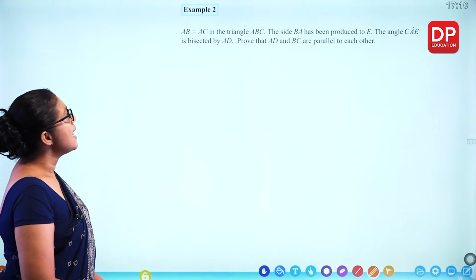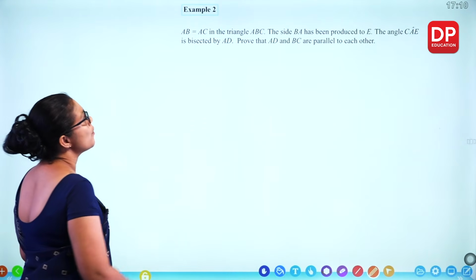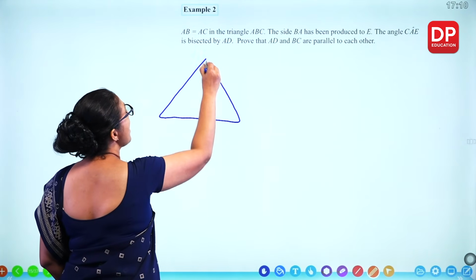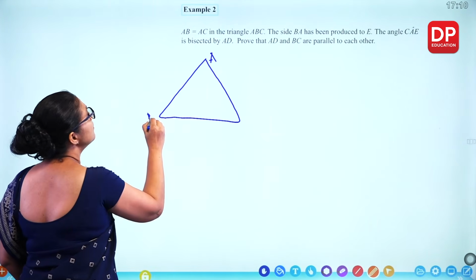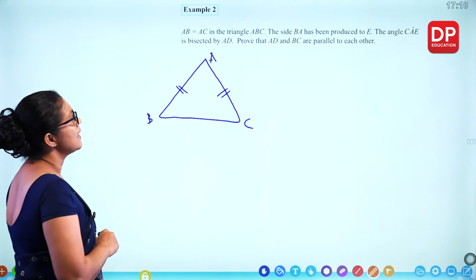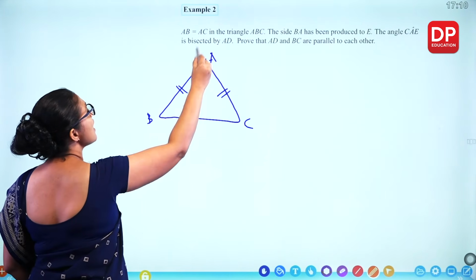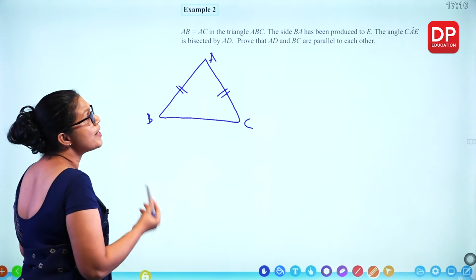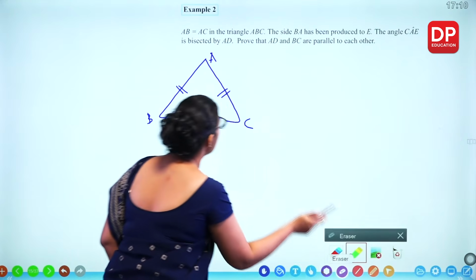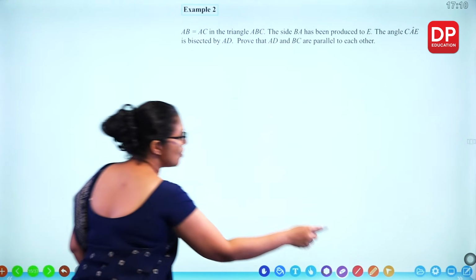So it says AB, AC in the triangle, both are equal. So we'll take a triangle ABC. AB is equal to AC. The side BA, that means this side, has been produced to E. So I need to erase this one because I don't have enough space to draw it.